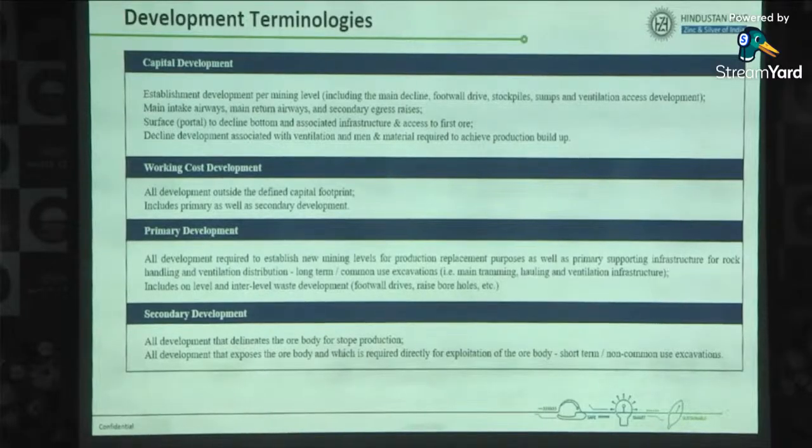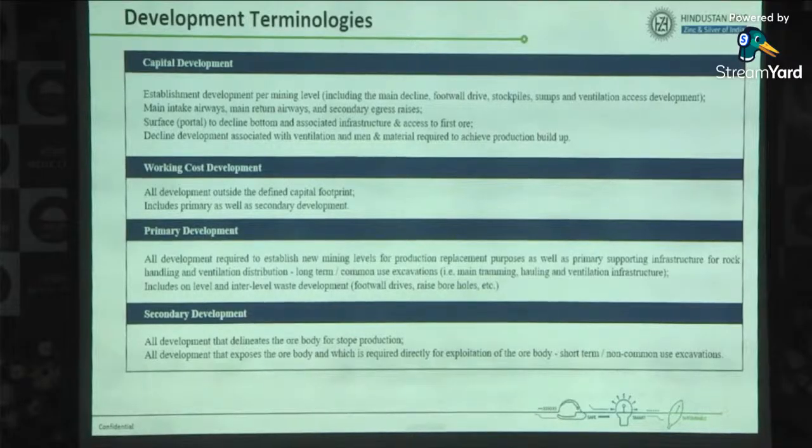So what is capital development? Whatever development we are doing on a long-term basis on infrastructure that has a life of more than 1 year, that is capital development. And every development that has a life of less than 1 year is revenue development. Shaft infrastructure, footwall drive, ramps and all come under capital development.